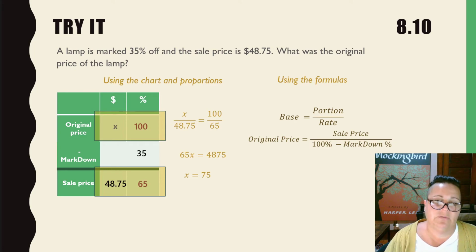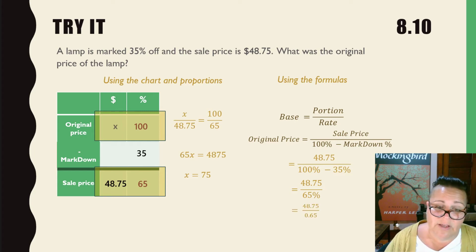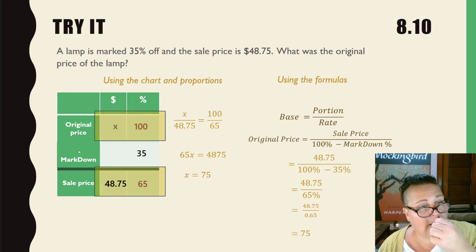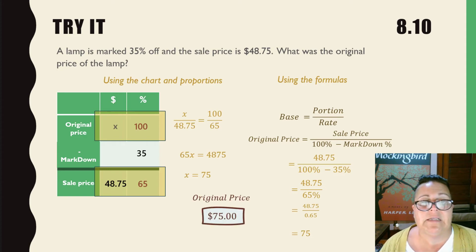So we'll have the original price is equal to the sale price over the complement of the markdown, or 48.75 over 100 minus 35, 48.75 over 65%, which is the same as 48.75 divided by 0.65, or $75. So whether you have used the chart or whether you've used the formulas, you should get the same answer that the original price is $75.